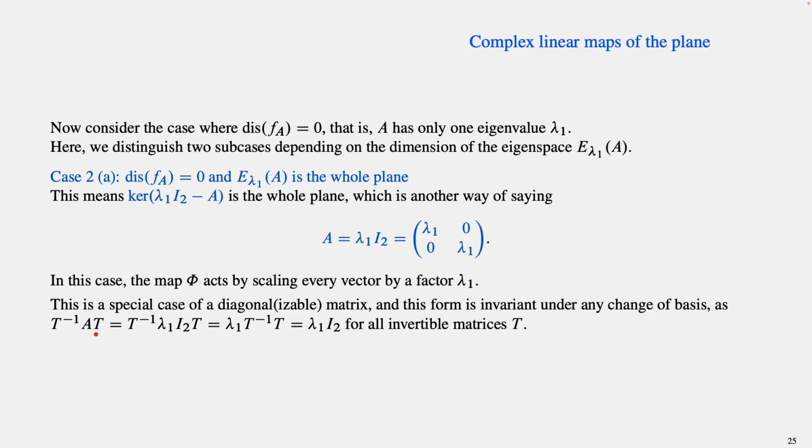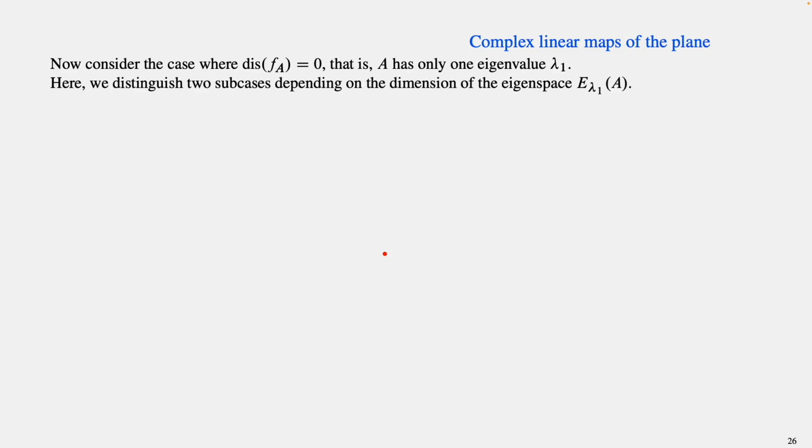So T inverse times A times T is T inverse times lambda 1 identity times T. But this is just lambda 1 times T inverse T, and this again reduces to the identity. So no matter how we change the basis, this is always the same representation matrix because it's just a multiple of the identity. Let's look at the other case now. We still assume that the discriminant is equal to 0, and so we only have one eigenvalue.